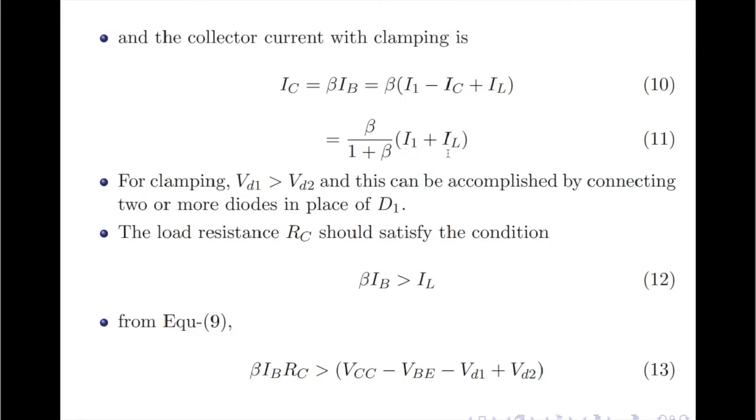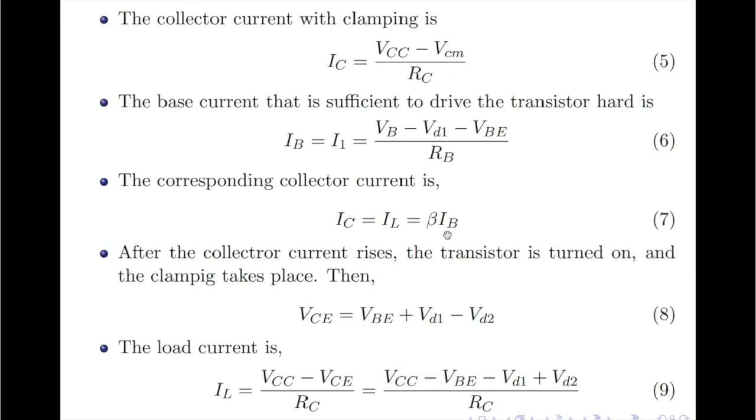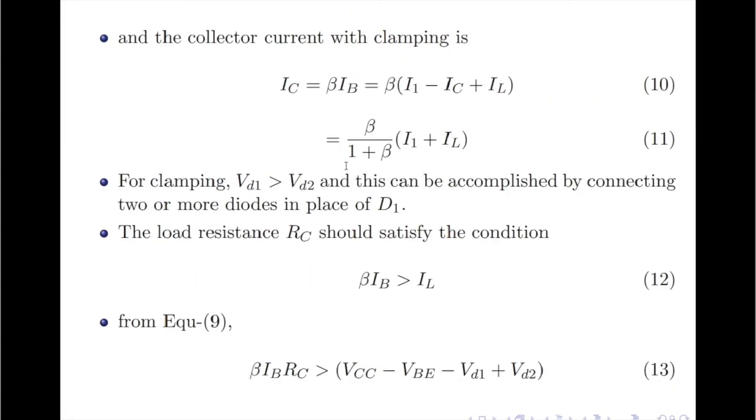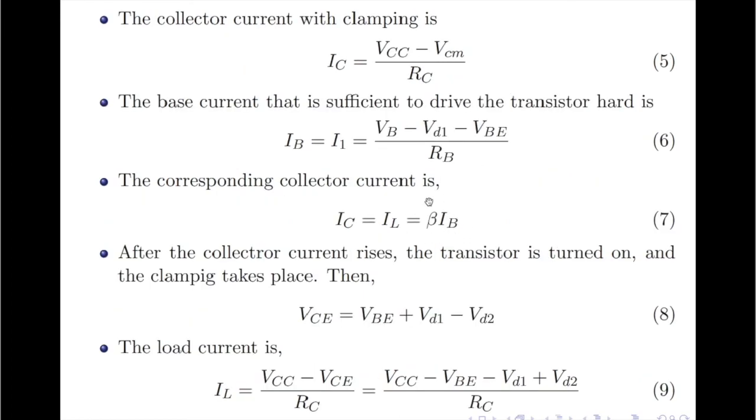Now, a very important note: when I compare the RHS of equation 11, which is the collector current after clamping, with the RHS of equation 7, which is also the collector current equation but before clamping, I will find that the collector current after clamping has reduced compared to that before clamping. This is very important because the collector current is now clamped so that the transistor does not enter hard saturation.